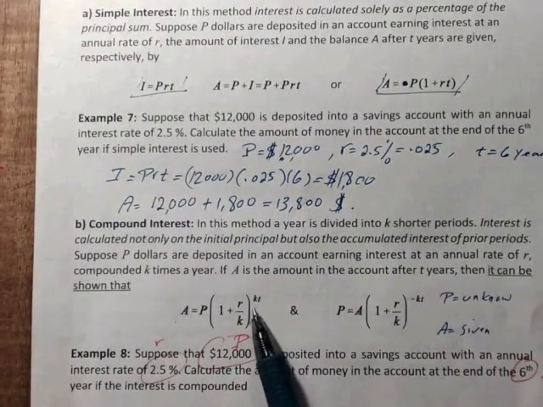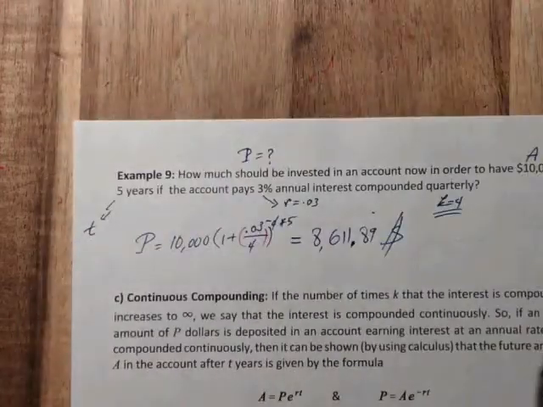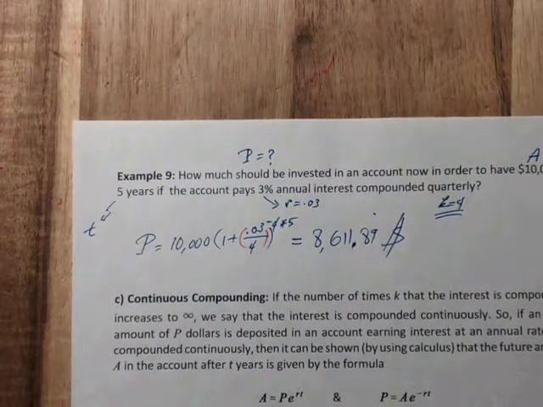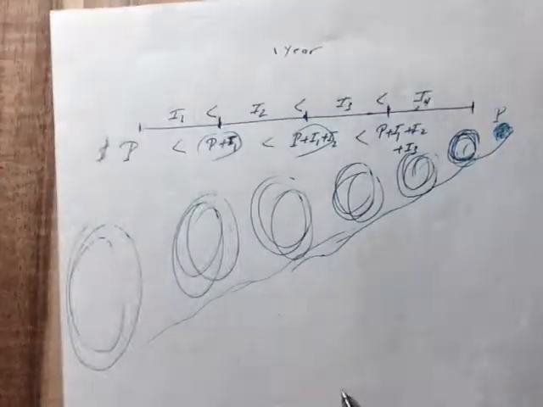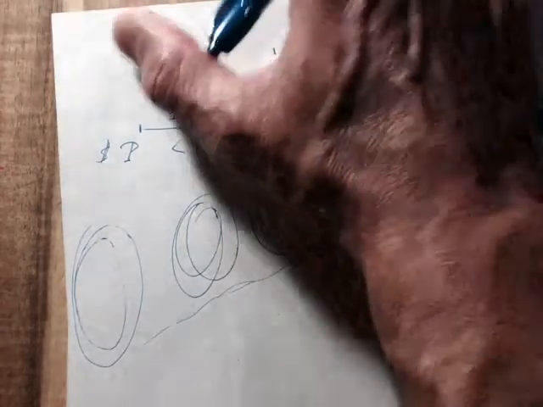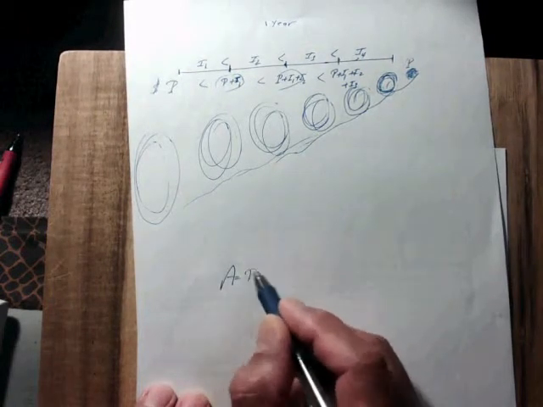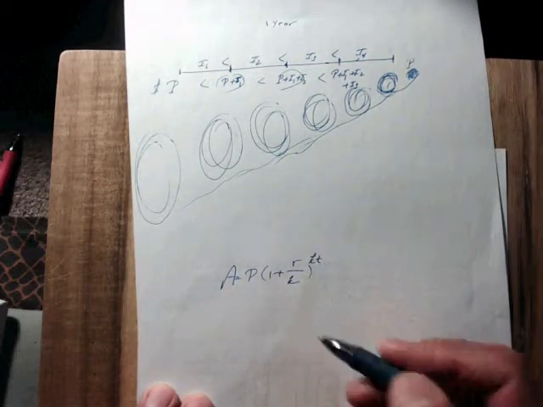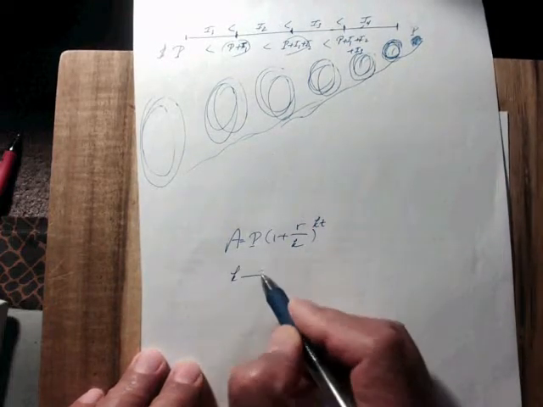If K goes to infinity, this formula changes shape. Okay, so if K goes to infinity, what happens is this. I have A equal to P times 1 plus R over K to the KT. Then in mathematical notation we say K goes to infinity.